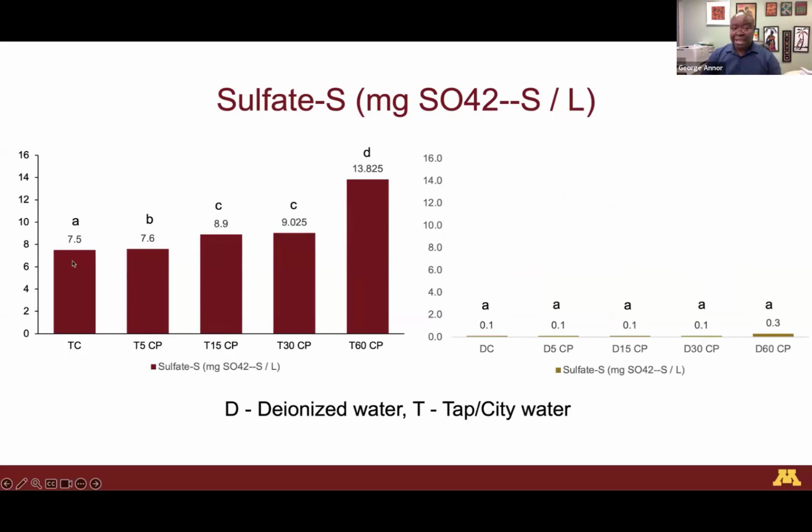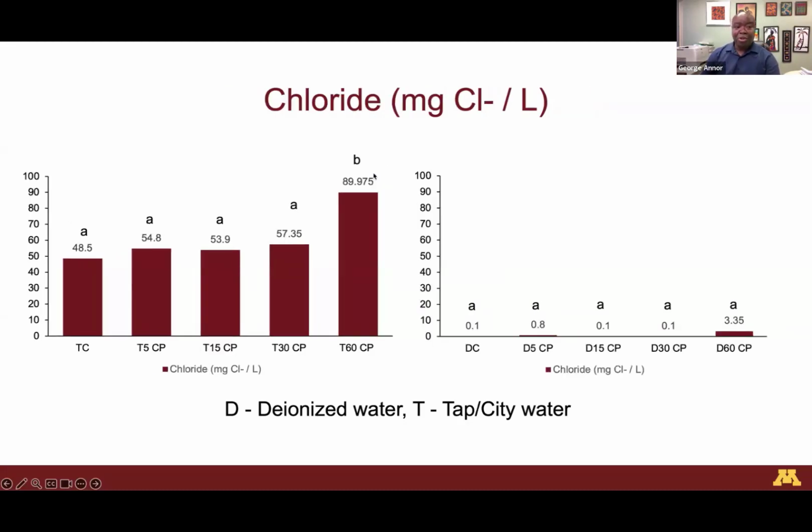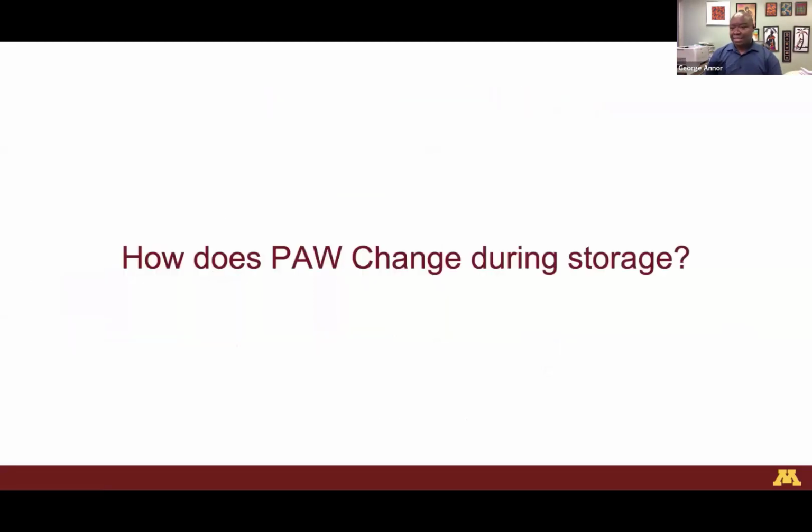We started from 7.5 all the way to 13. When you look at chlorides, it's the same trend. We started from 48 all the way to 89. So all this inorganic matter is increasing in the water, significantly contributing to the conductivity that we are seeing in the PAW.